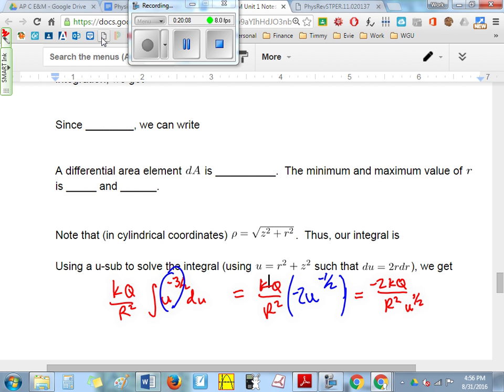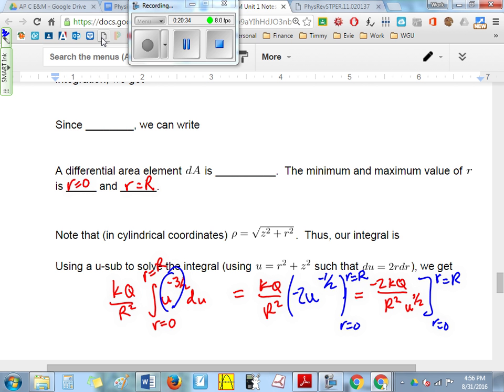But all of this was integrated between little r equals 0 and little r equals big R. Those were our boundaries of integration from earlier. So we would treat those as the a and the b from the fundamental theorem of calculus. So we have r equals 0, r equals big R. I got a little sloppy with not writing the limits of integration on there.